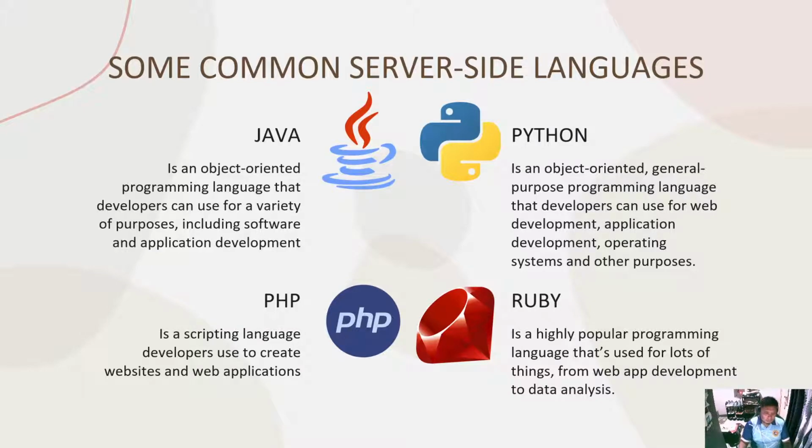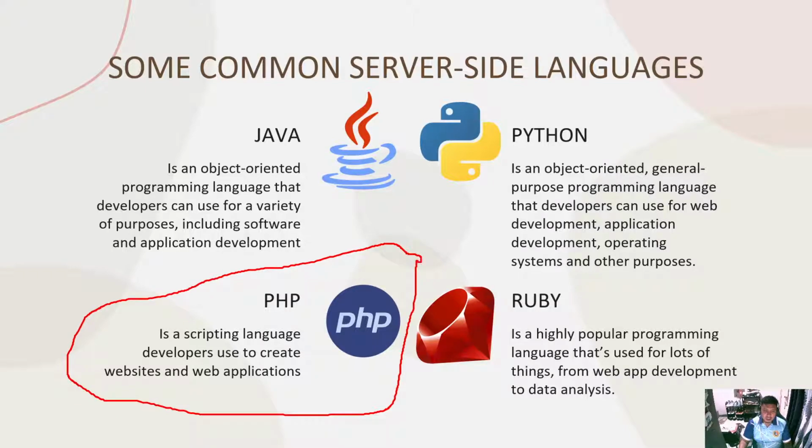But I am planning to use PHP as our official server-side language for our web application. So we are going to learn HTML, CSS, JavaScript, and we are also going to learn PHP in developing applications.